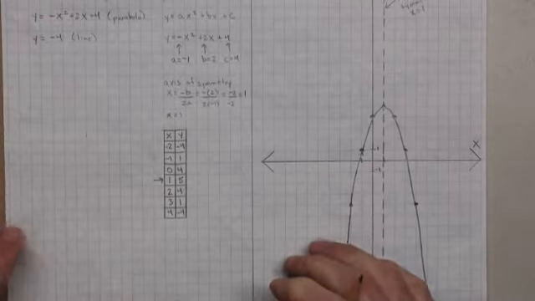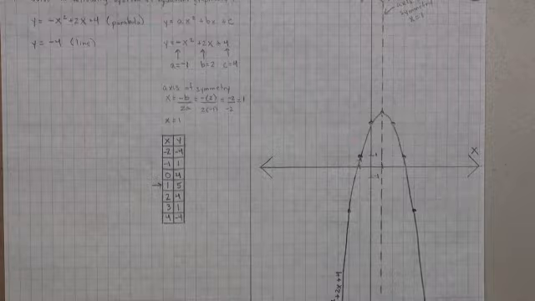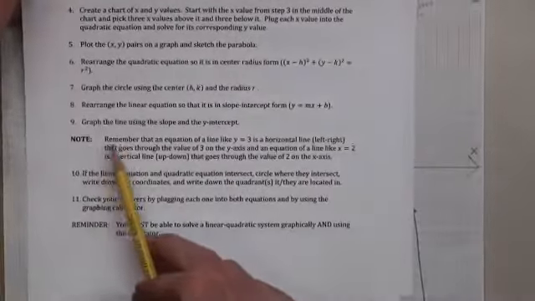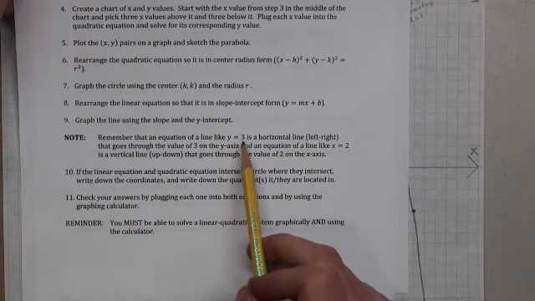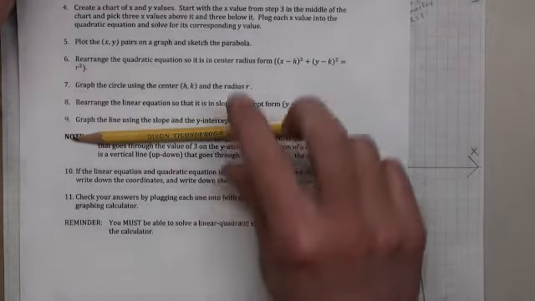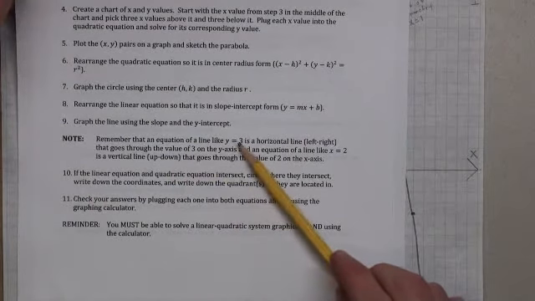Now, the line y equals negative 4, if you go to your notes, I put a note here. Remember that an equation of a line like y equals 3 is a horizontal line, so that's like this, left to right, that goes through the value of 3, because this says y equals 3.